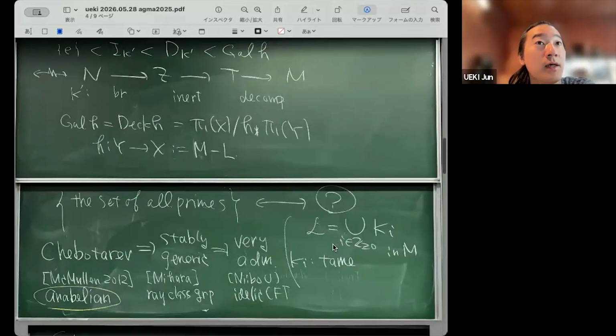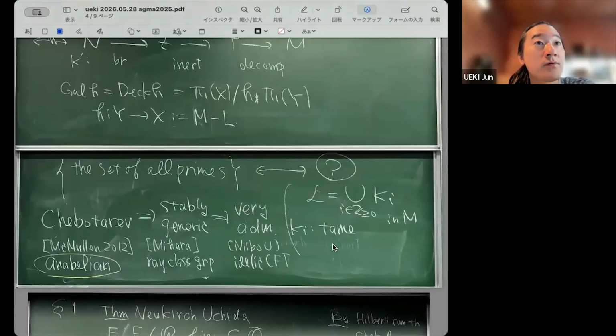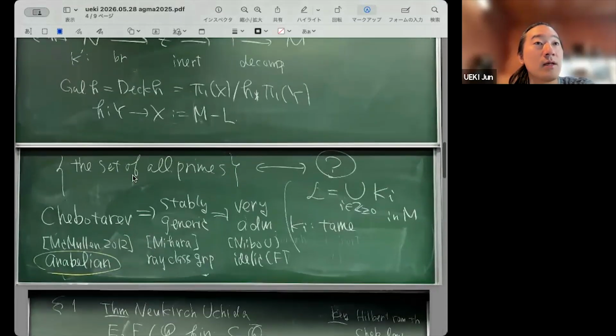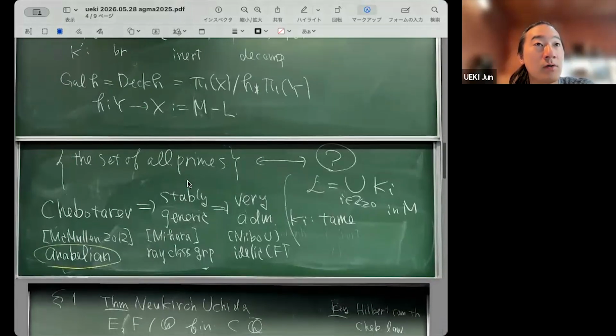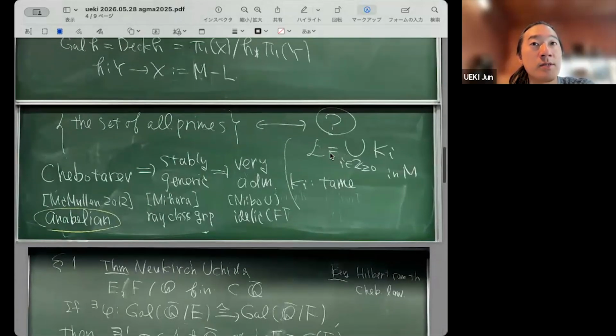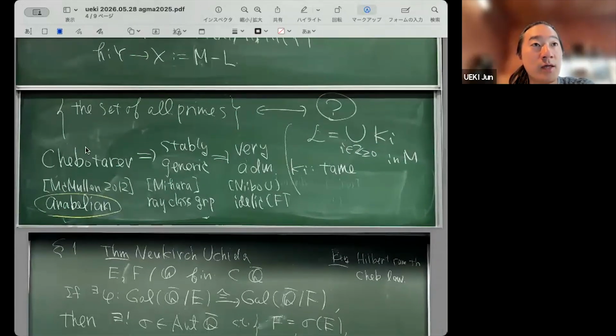In this context, one of the fundamental questions is about the analog of the set of all prime numbers or all prime ideals. It should be a link consisting of infinitely many tame components. And there are several good candidates of conditions for this link: Chebotarev, stably generic, and very admissible.